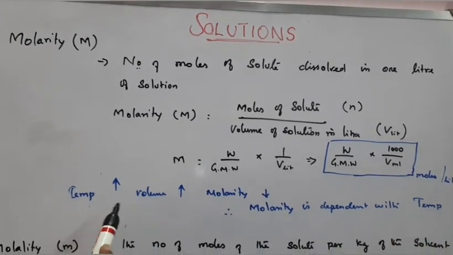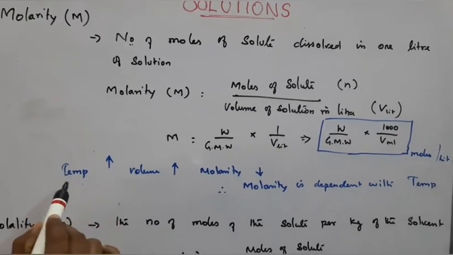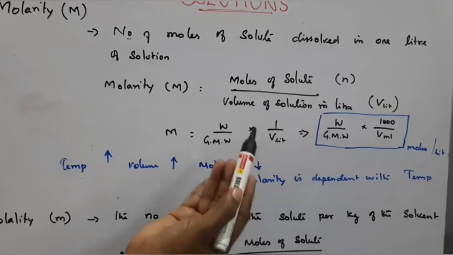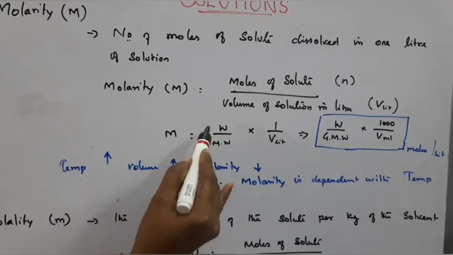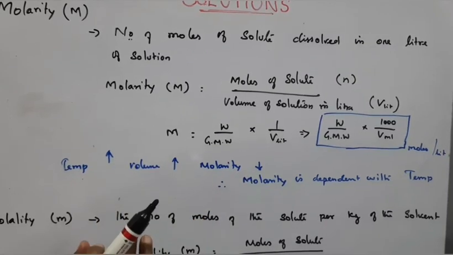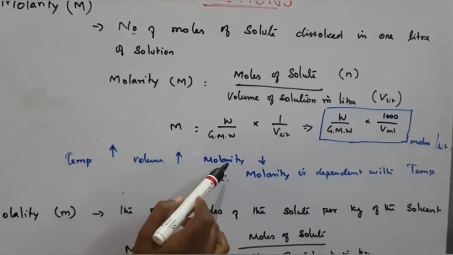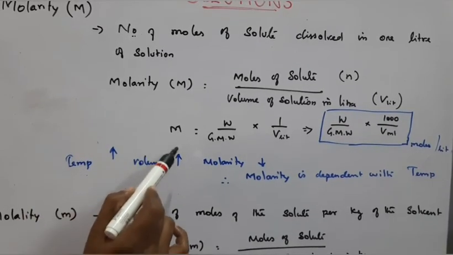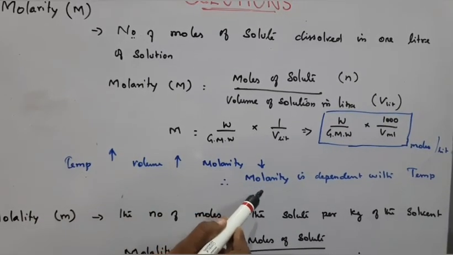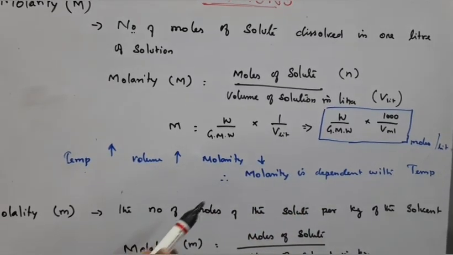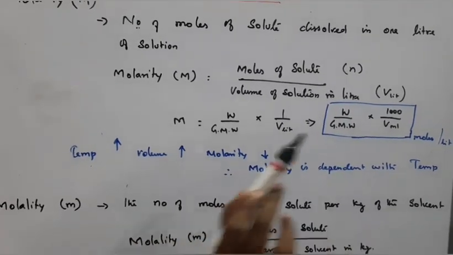While we increase the temperature, volume also increases, and the number of moles of solute per volume decreases. So when temperature increases, volume increases, and at the same time molarity decreases. Molarity is always dependent on temperature.